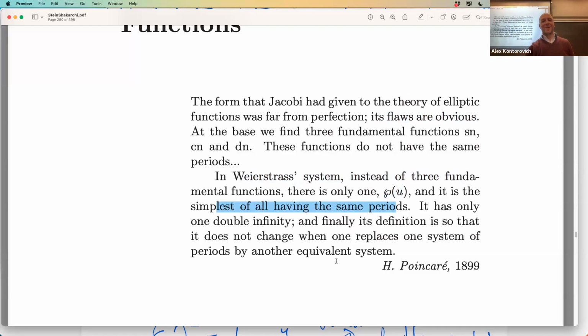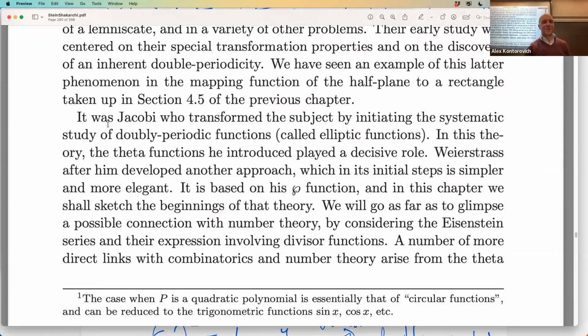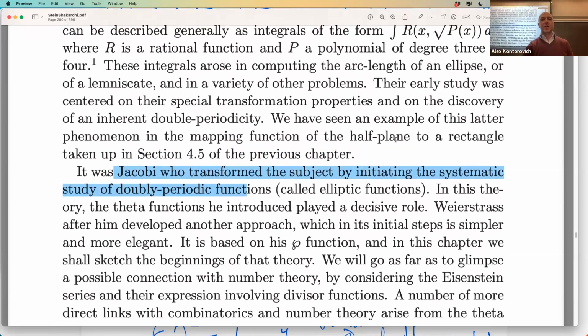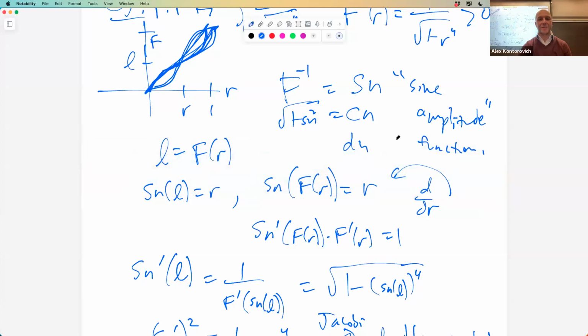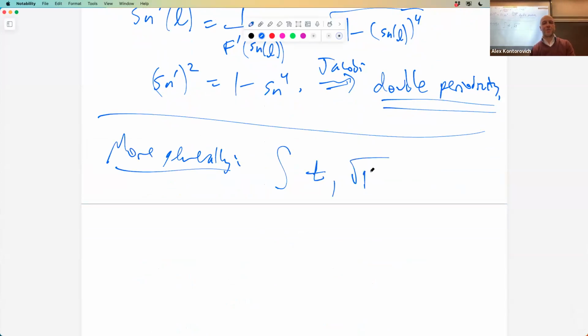Anyway, I wanted to explain this paragraph because, as anyone else, he jumps straight into, let's talk about doubly periodic functions, which are called elliptic functions. Okay, so elliptic integrals, I should say, the more general setting: the more modern viewpoint is that any integral of the form something about t and something about the square root of a polynomial in t, and that something is a rational function, in other words, a ratio of polynomials.